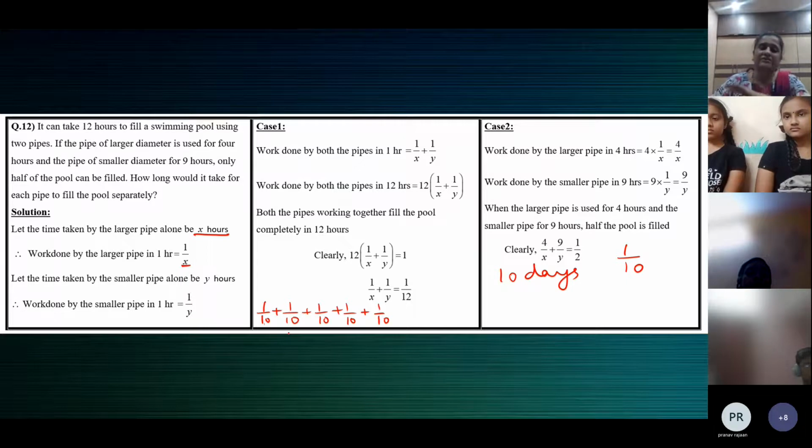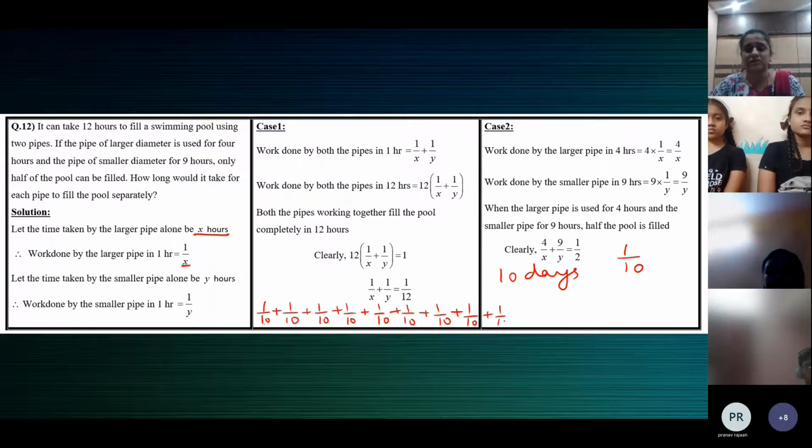You're dividing the entire task into 10 equal portions and you complete 1/10 of the work every day. So today 1 by 10, tomorrow 1 by 10, and so on until the 10th day.